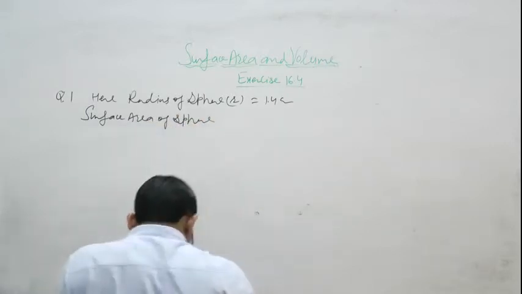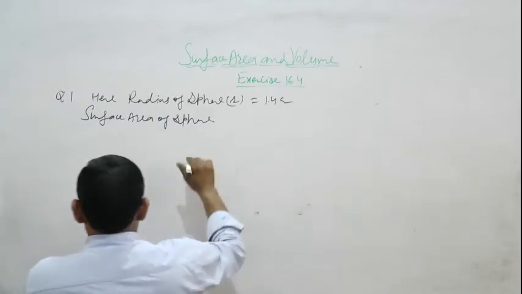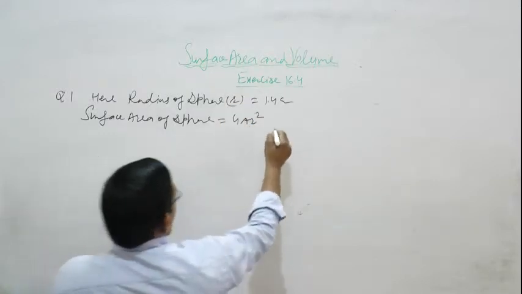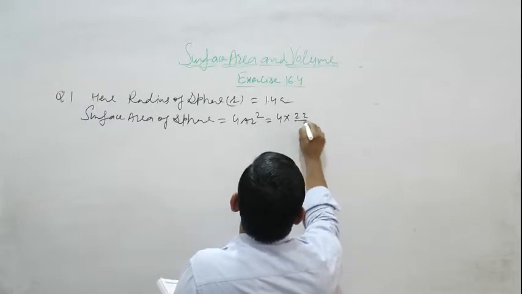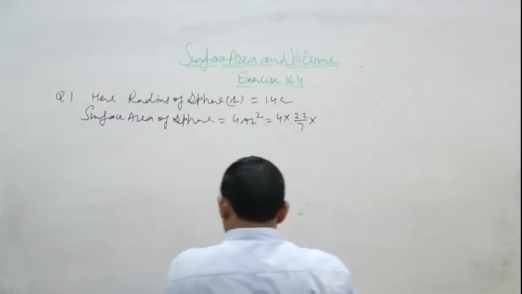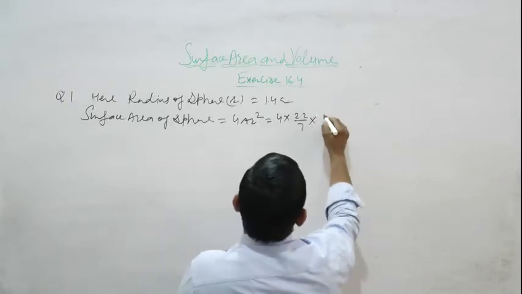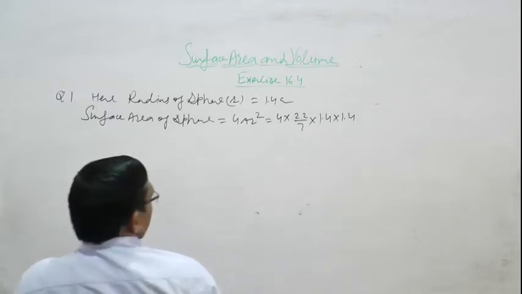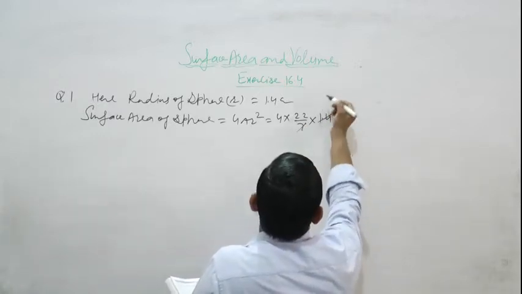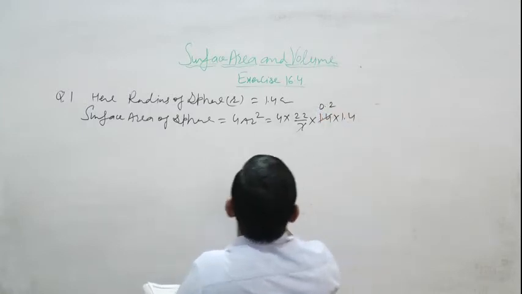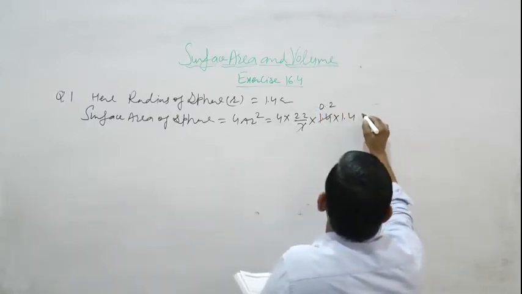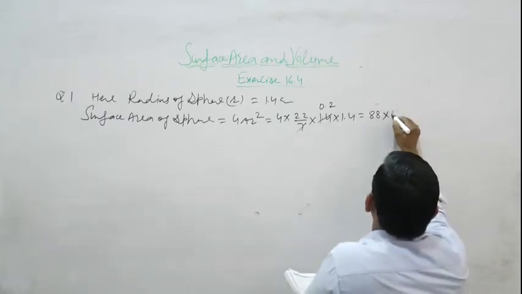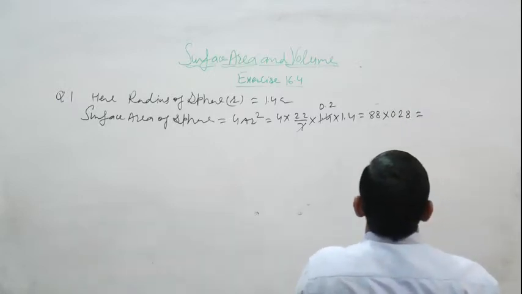So the surface area of a sphere is 4 pi r square, which is equal to 4 into 22 upon 7 into the radius, 1.4. 1.4 divided by 7 is 0.2. 22 multiplied by 4 is 88. 88 multiplied by 0.2 into 1.4 gives 0.28.